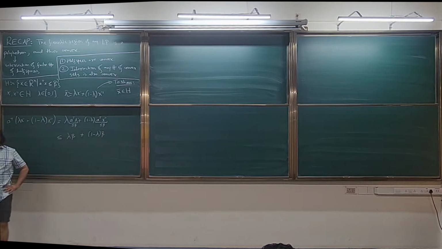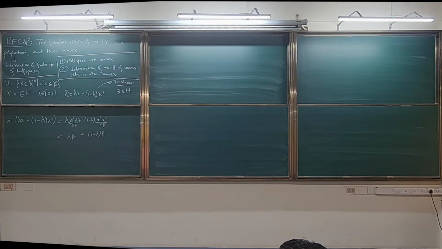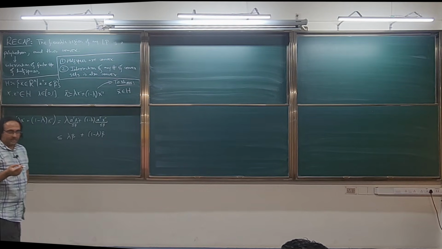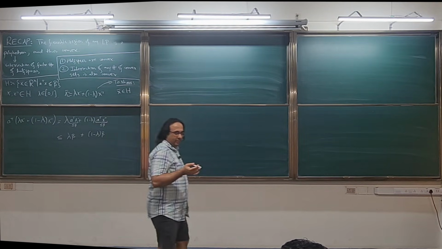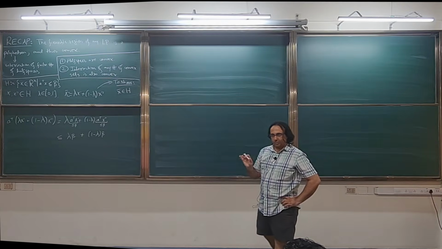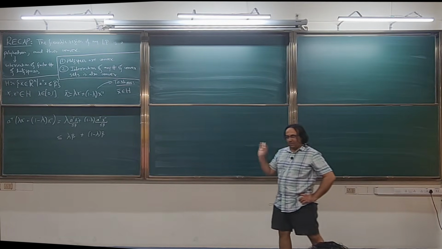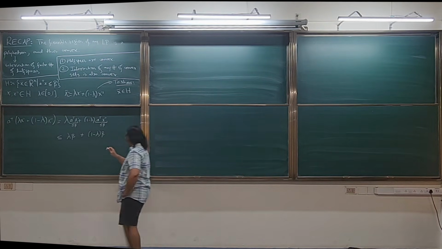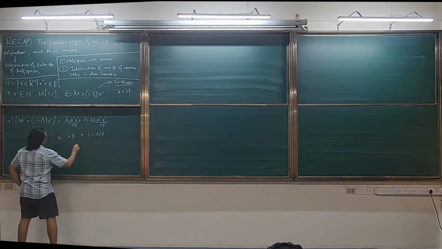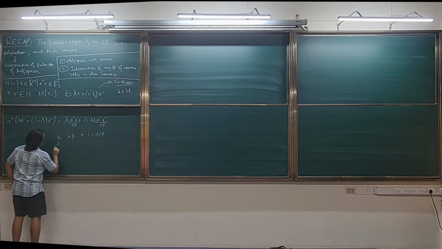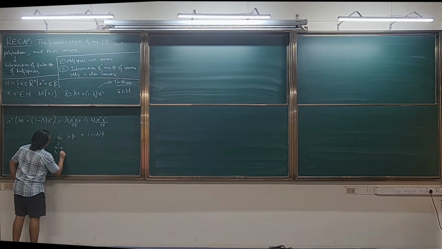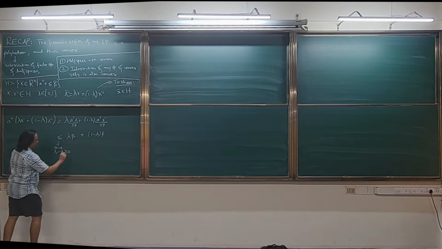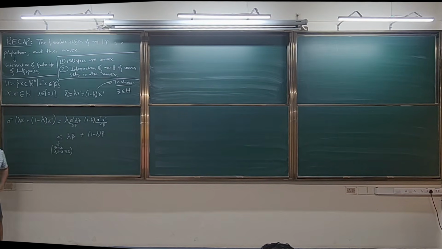Why can you do this? There is a certain point here. Why can you do this? Because lambda and 1 minus lambda are at least 0. I mean, this is a point that will come up in the course a lot, so that's why I want to highlight this point. The only reason we are able to do this is because both lambda and 1 minus lambda are nonnegative. Otherwise, you of course cannot write this.